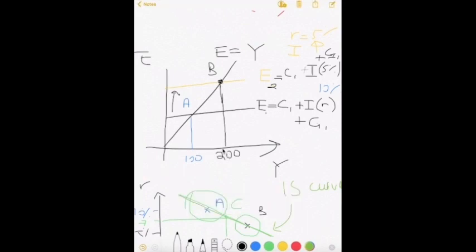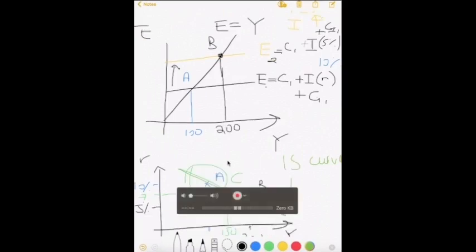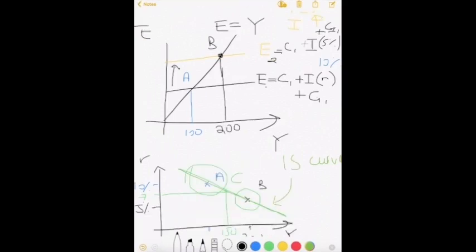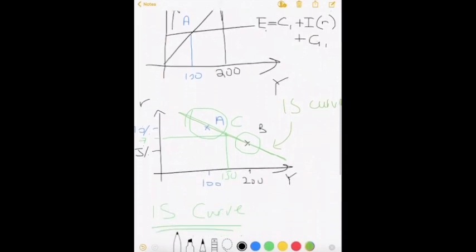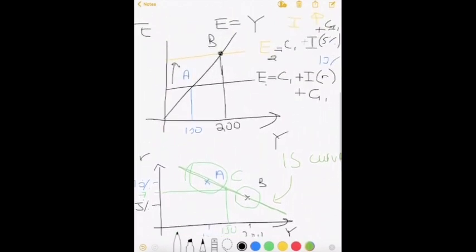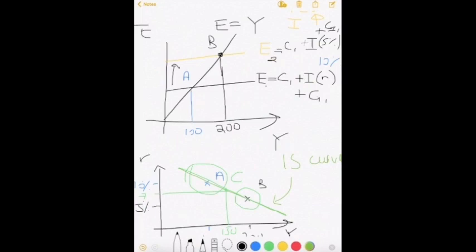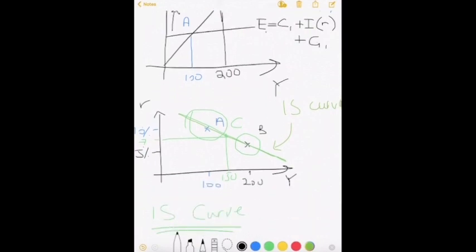At lower interest rates, GDP has increased in the goods and services market, and then we plotted these 2 points, points A and B, on a graph with interest rates on the y-axis and GDP on the x-axis, and came up with a negatively sloped curve that is called the IS curve, and it's representing a combination of interest rates and GDPs that are equilibriums in the goods and services market.